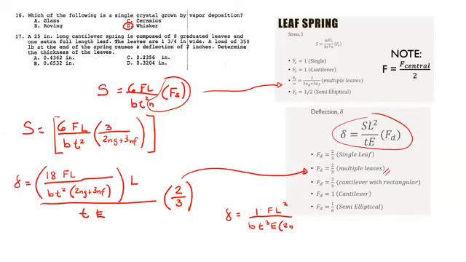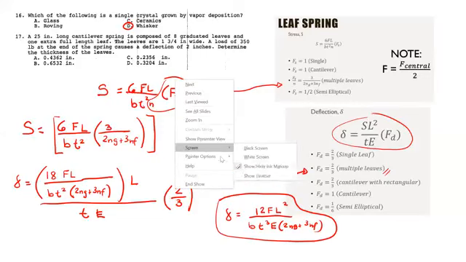So 12 FL squared over BT cube E 2NG plus 3NF. Ito na yung shortcut natin, derived formula natin dyan. Pwede ito na yung gamitin natin sa pag-compute.